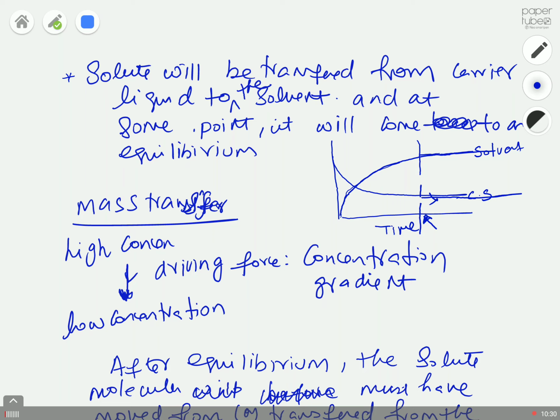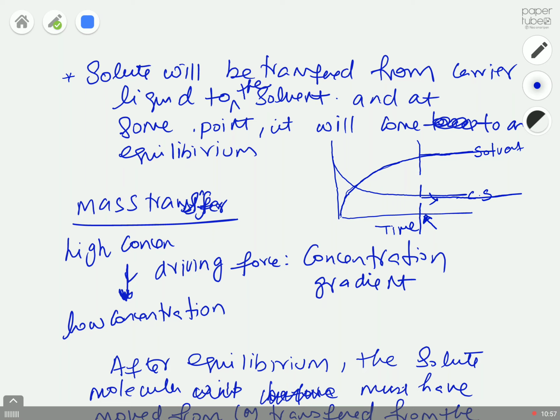It's a one-way process. It can go only in one direction, from high concentration zone to low concentration zone. It cannot go in the opposite direction. There will be no transfer of anything from the low concentration side to the high concentration side. It's a purely physical process. All you need is a bit of a concentration gradient, and that will do the rest of your job.